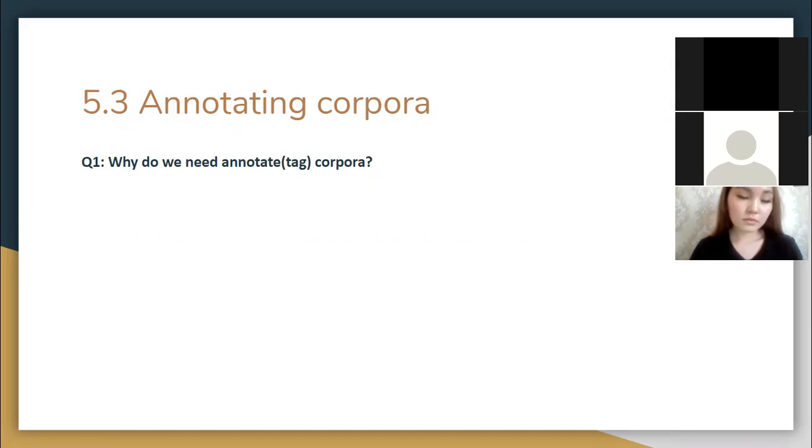So we need annotated corpora so we can make the research easier and add more variety to the corpora, therefore making it possible for the machine to make more complex calculations. Yeah, you're right. Thank you.